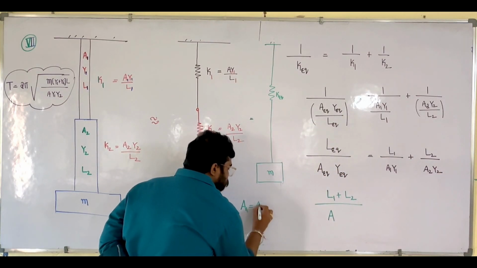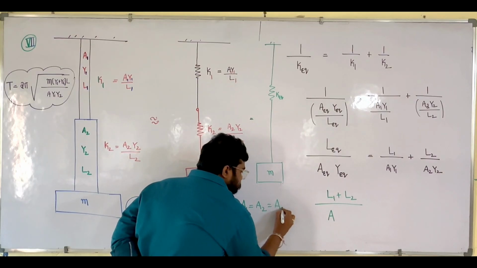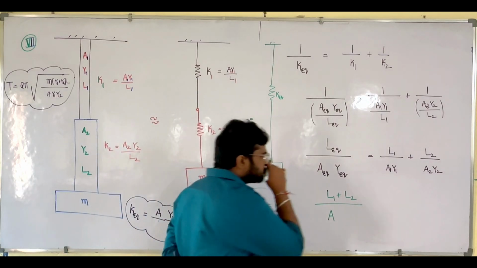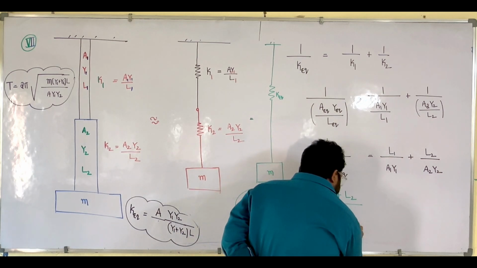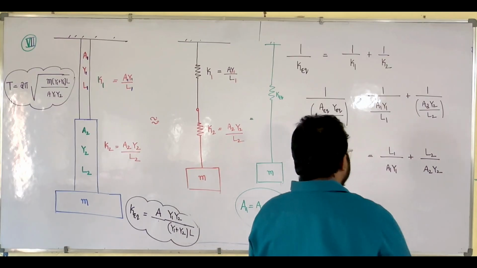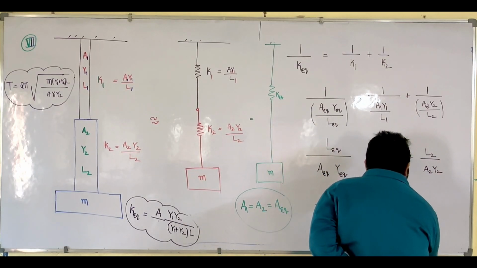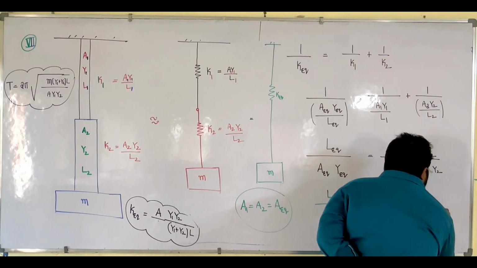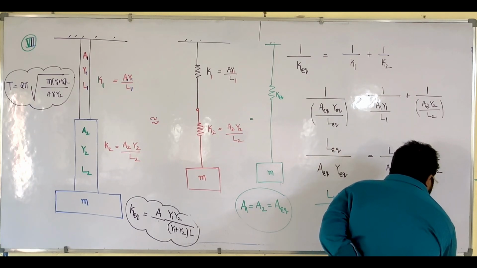A1 equals A2 equals A equivalent. Okay, now this is Y equivalent. That is equal to how much? L1 by A1 Y1 plus L2 by A2 Y2.